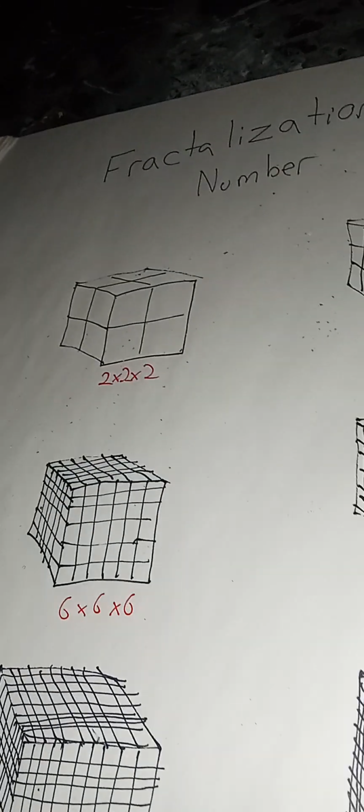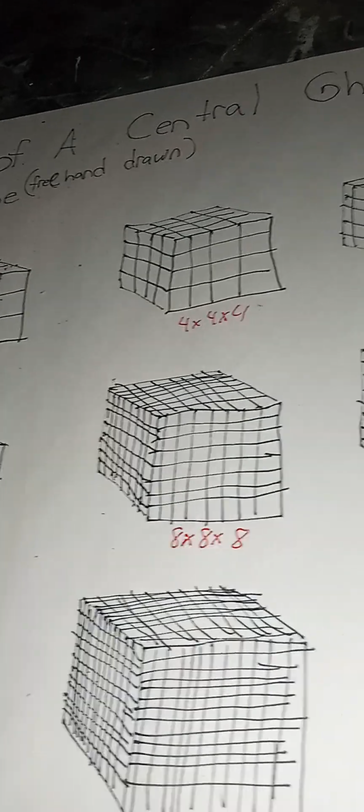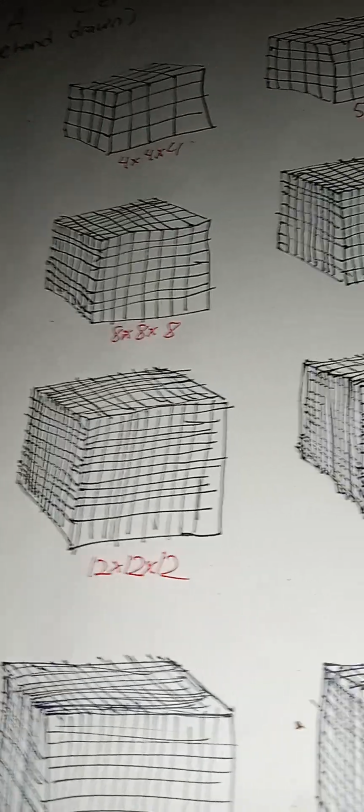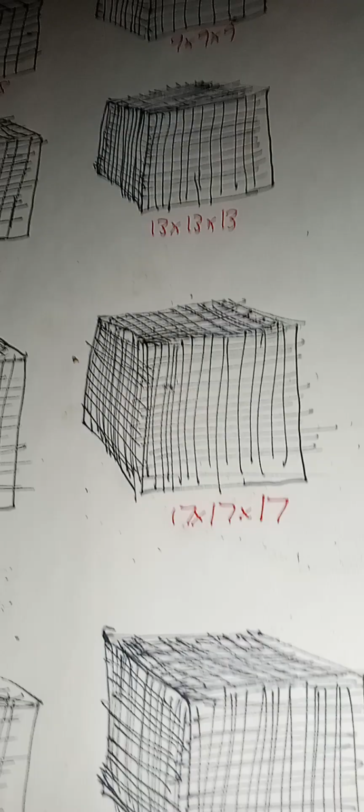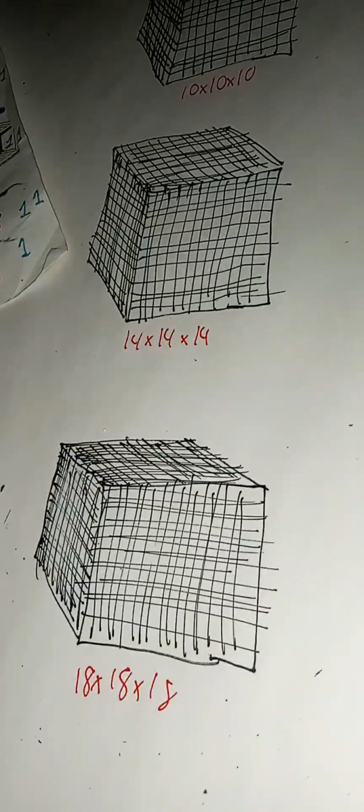This shows a 2x2x2, 3x3x3, 4x4x4, 5x5x5, and it goes on. And these are just hand drawn, they're not accurate, but I did put as many lines in there as is called for, but it's not measured or exact.